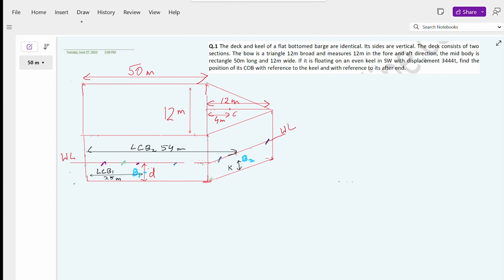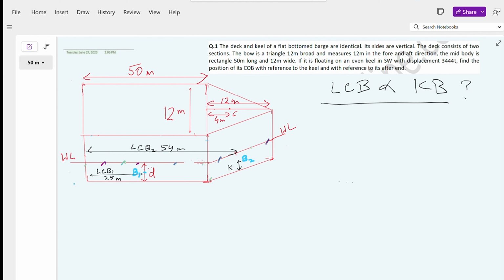This barge is floating on an even keel in salt water with displacement 3,444 tons. So remember, it's on even keel in salt water. Find the position of center of buoyancy with reference to the keel and with reference to its after end. So basically they are asking us to find LCB and KB of the barge.